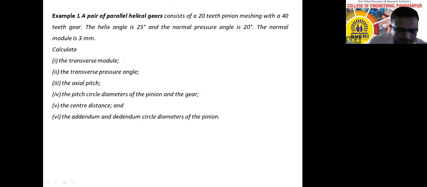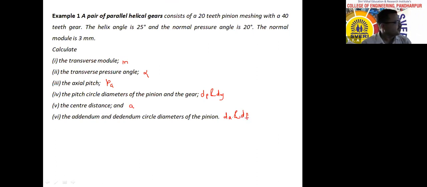Transverse module is nothing but M. Transverse pressure angle is nothing but alpha. Axial pitch is nothing but PA. Pitch circle diameters means DP and DG. Center distance is nothing but A, and this is DA and DF, the addendum and dedendum circle diameters of the pinion.